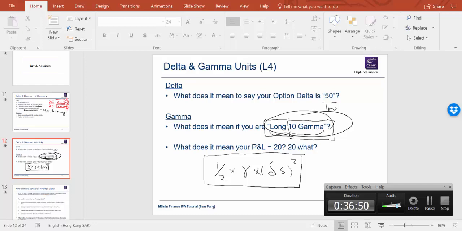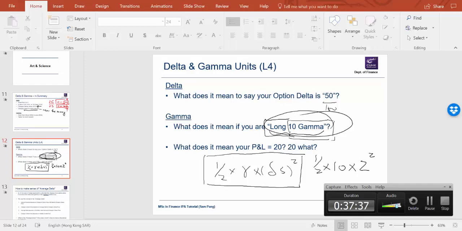It means that if you are running an option position on something, let's say a stock like Microsoft, it can be any stock, and I'm long 10 gamma, then if the stock price of Microsoft changes by, let's just say, $2, my profit will be a half times 10, that's the 10 gamma, times the square of 2.